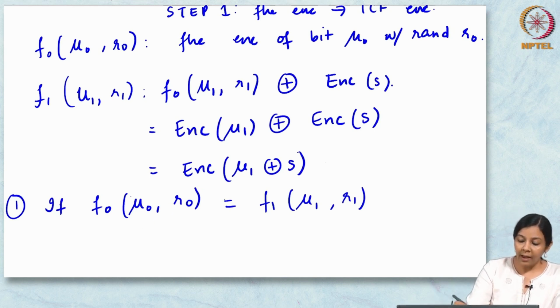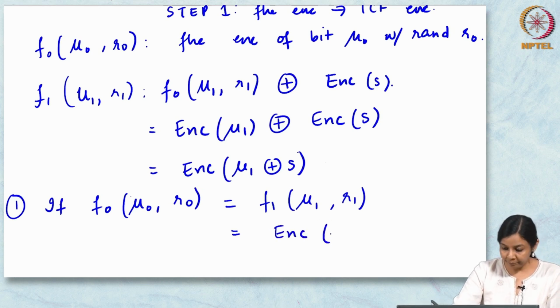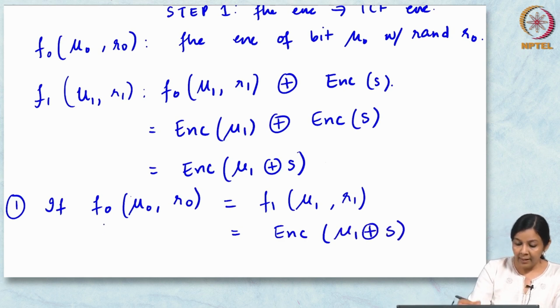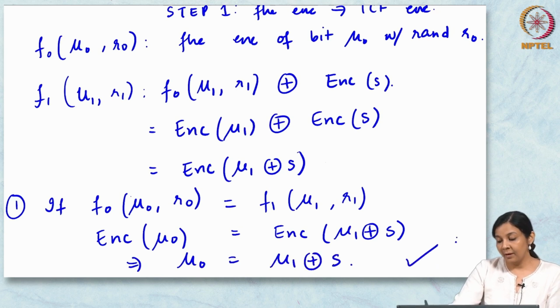What is F1 of mu 1, r 1? We have just seen that this is enc of mu 1 XOR S, and the left hand side is just enc of mu 0. So, this implies that mu 0 is equal to mu 1 XOR S. So, I got the first property.